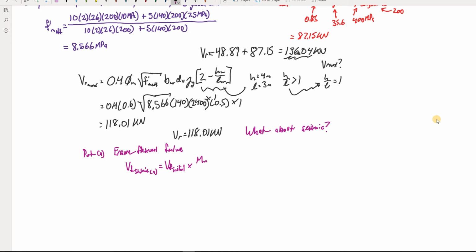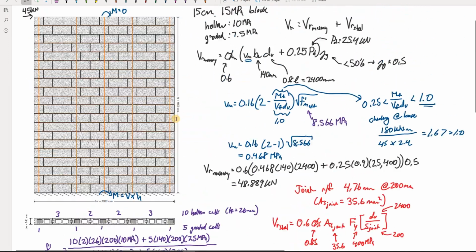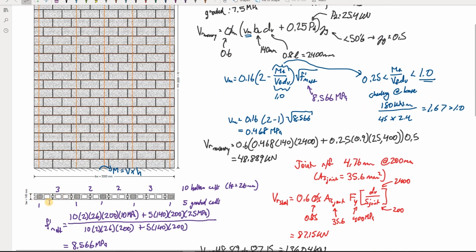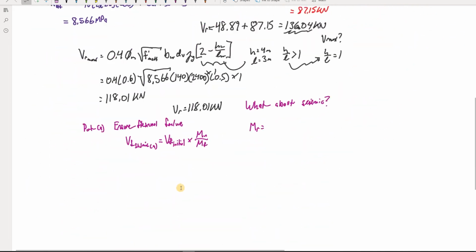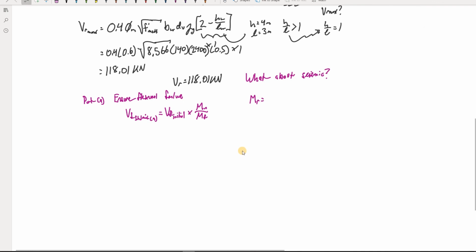So MR over MF. And so in this case, just looking at MR on its own, I don't show it in this calculation, but we have a moment resistance for this shear wall. So it's just a function of this cross section. Looking at these cells, some are grouted, some are hollow. With these bars, we have a moment resistance of 262.5.